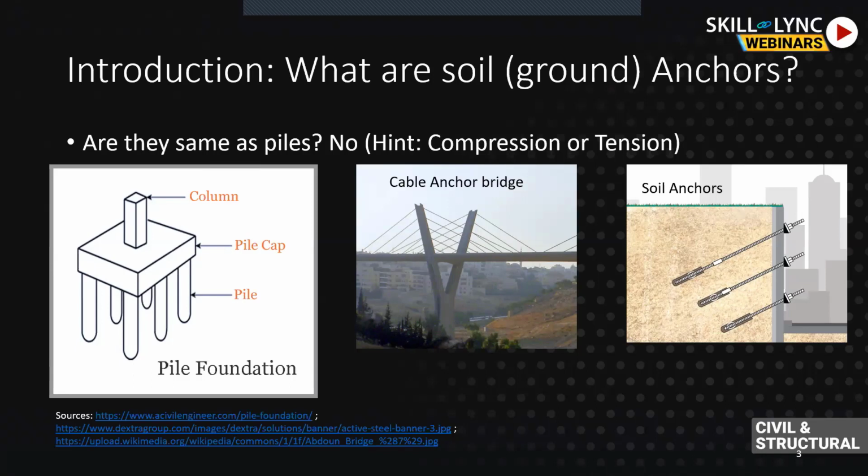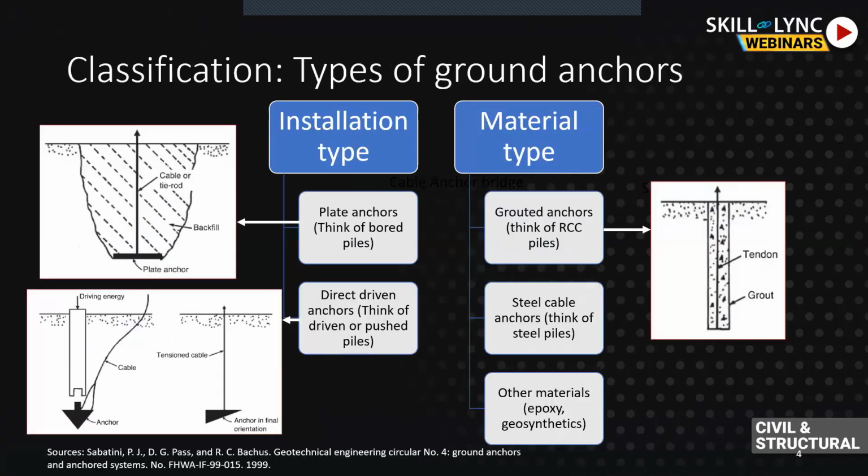Moving ahead to the classification types, I have described it on the basis of my learning that the classification of anchors should be based on their installation type and their material types. It's not that simple because there are so many anchors. There are geosynthetic anchors, and there are various materials nowadays.